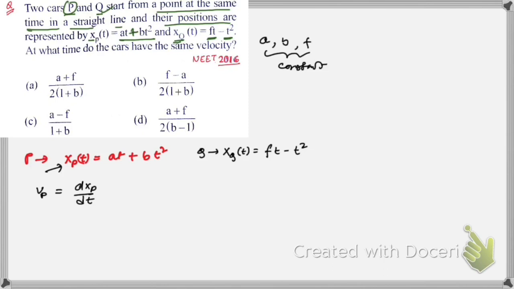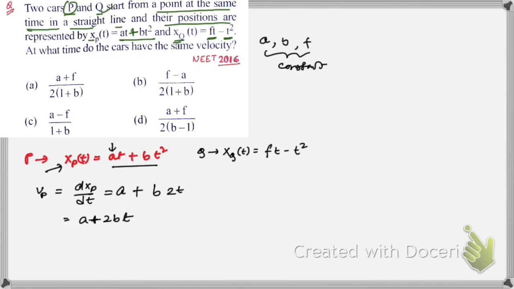If you differentiate it, a is constant and taken out of the derivative, then d/dt of t is 1, so a into 1 is a, then plus b is constant, derivative of t square is 2t. So we can write a plus 2bt, that is Vp.